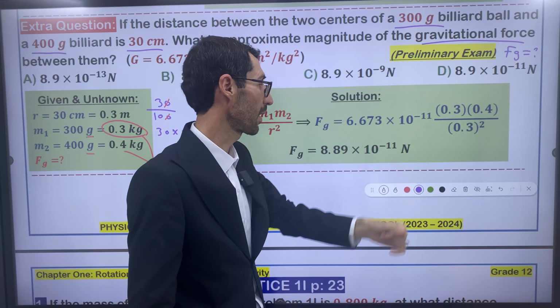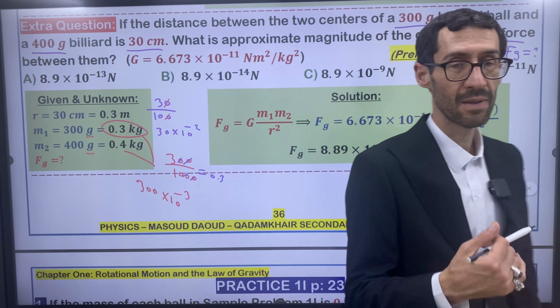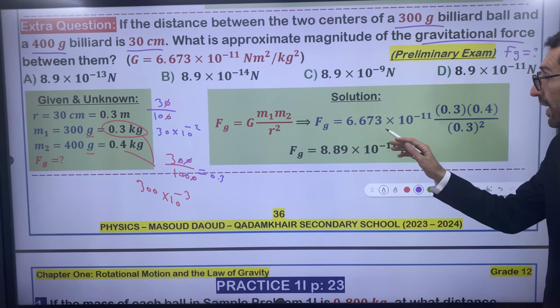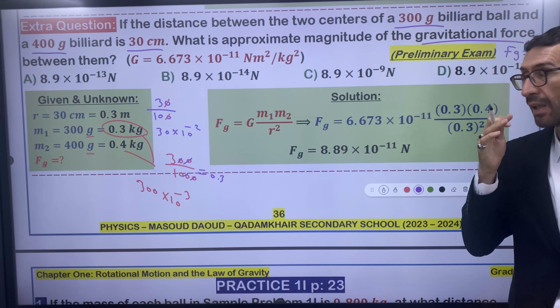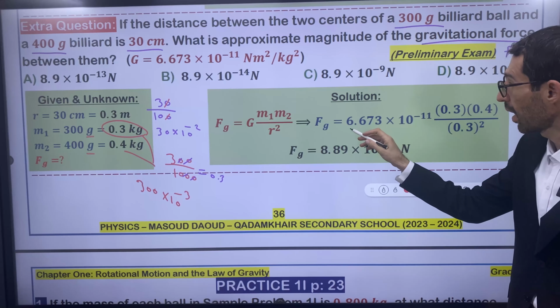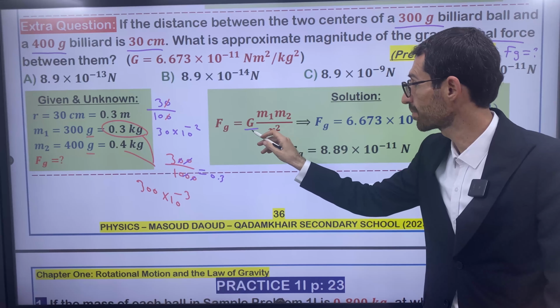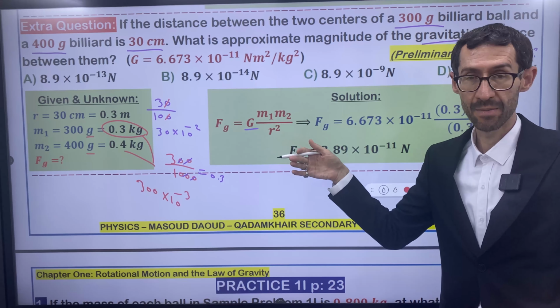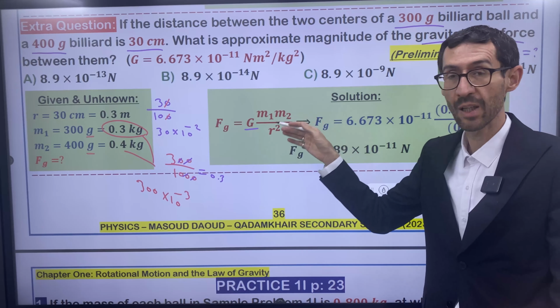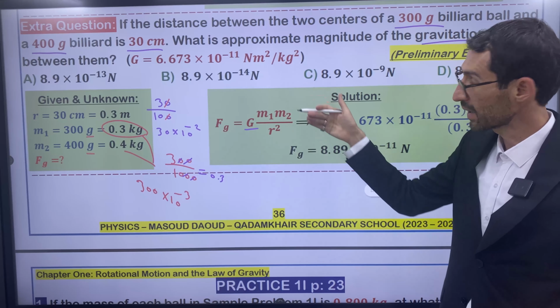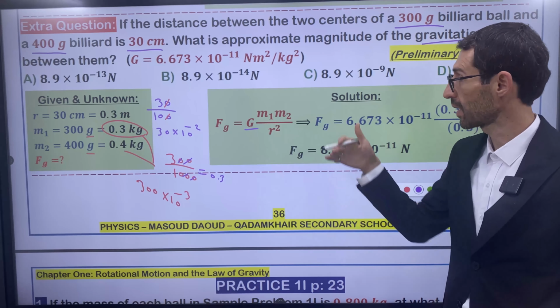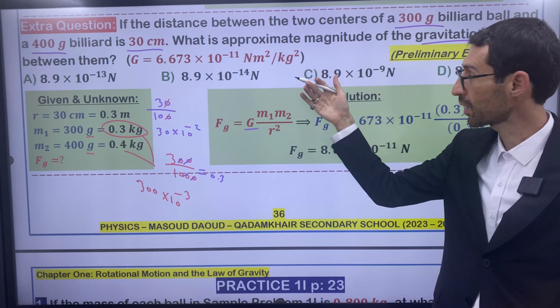We substitute the values. I have a suggestion for you. Maybe some students ask, teacher, where exactly is the location of G? Does it go with the numerator or denominator?